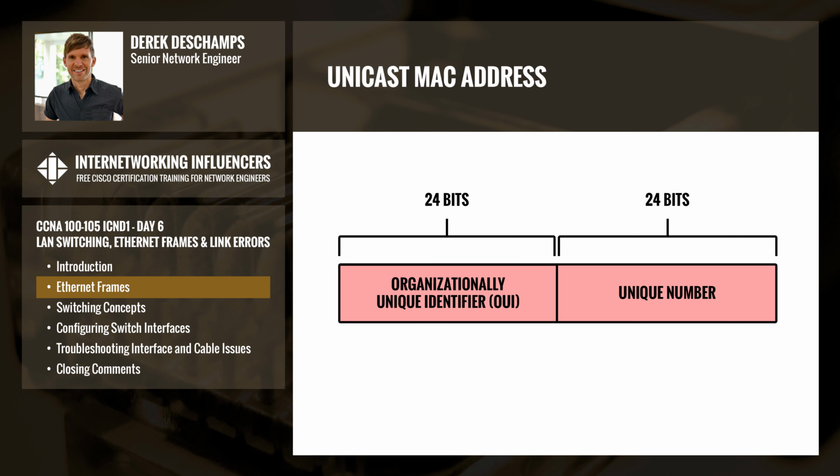The first 24 bits of a unicast MAC address make up the organizationally unique identifier, or OUI, which uniquely identifies the manufacturer, while the last 24 bits is a unique number assigned by the manufacturer to identify the network interface. This ensures each network interface has its own globally unique MAC address.